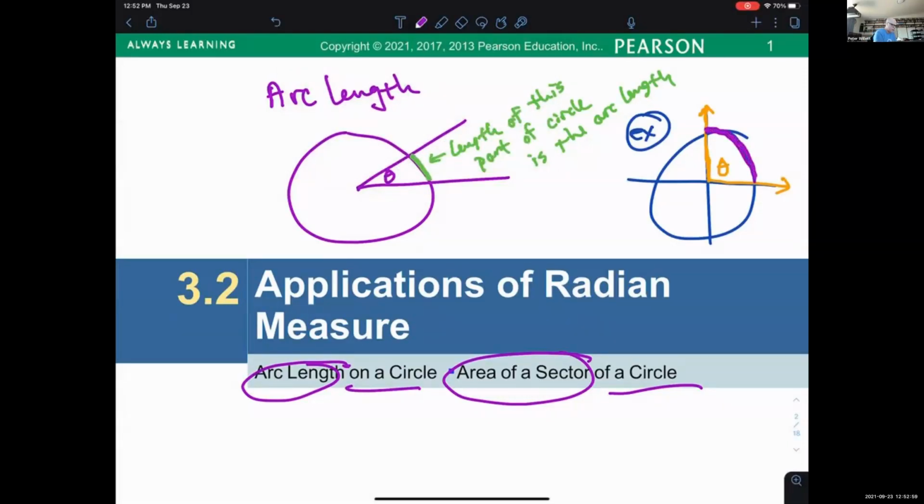I forgot to indicate that, so let me put that back. So I have a unit circle, meaning the radius is 1.